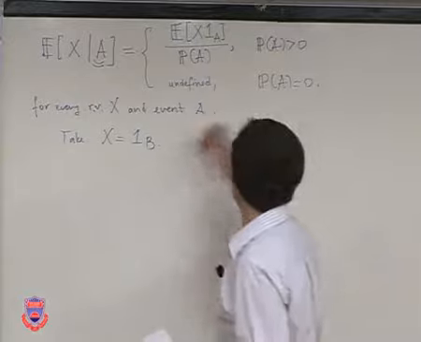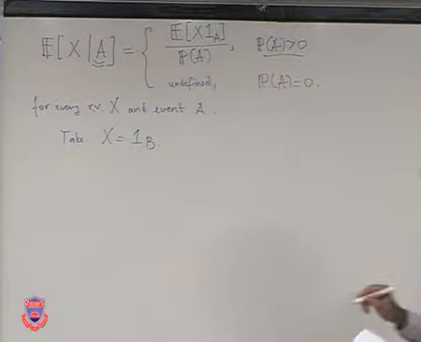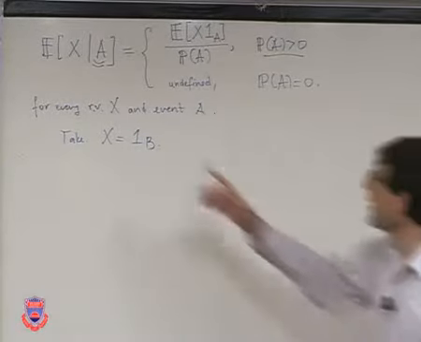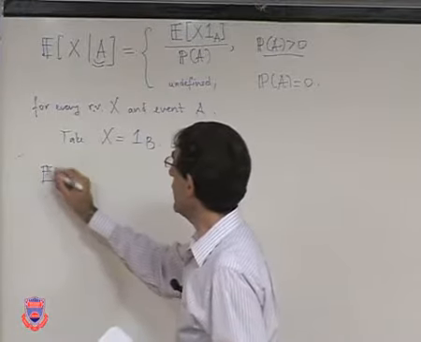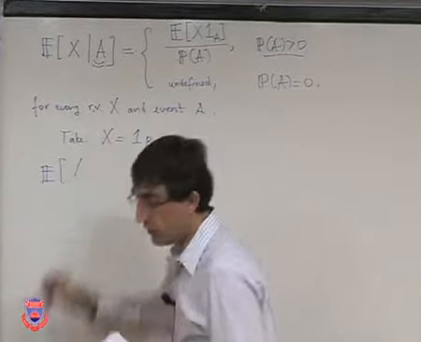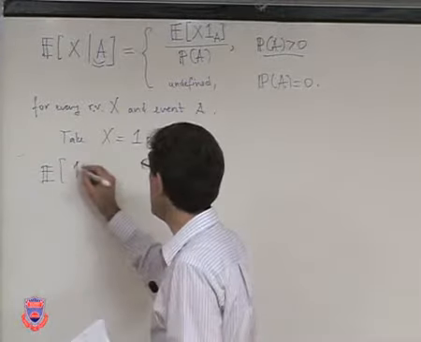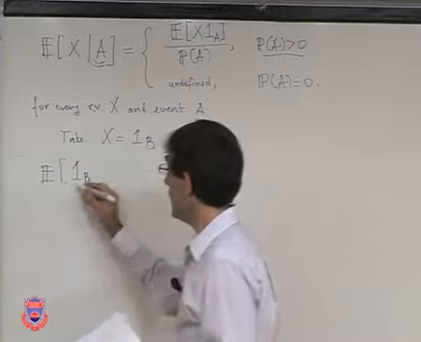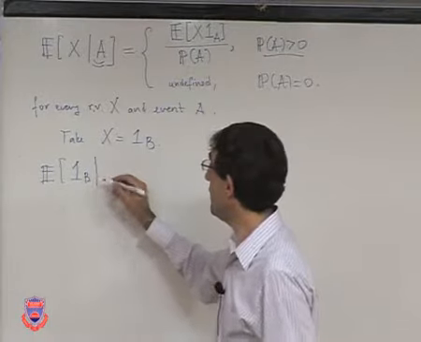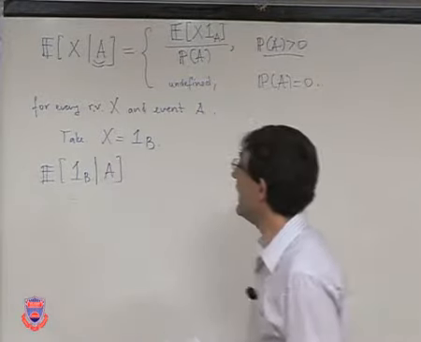So I'll assume that the probability of A is positive, then calculate the conditional expectation of a Bernoulli random variable, which in this case is the indicator of B, given that event A has happened.